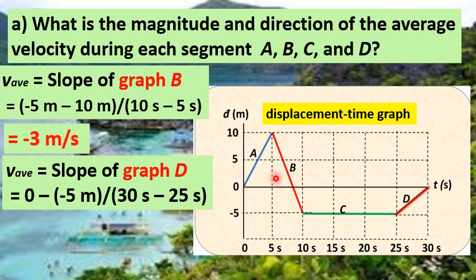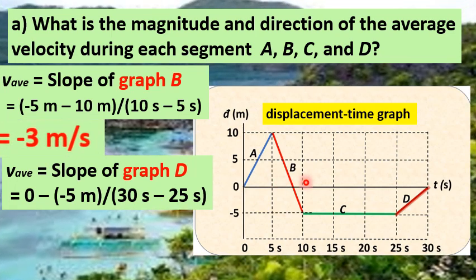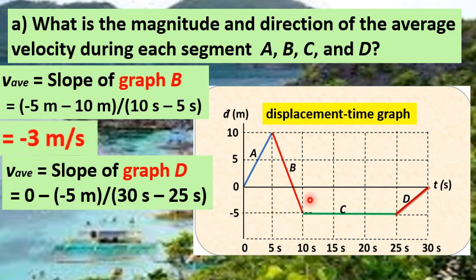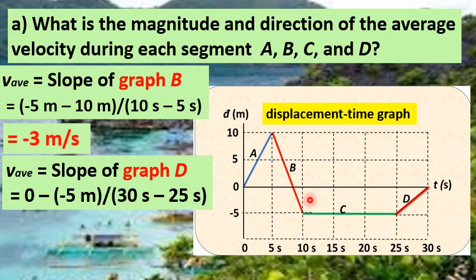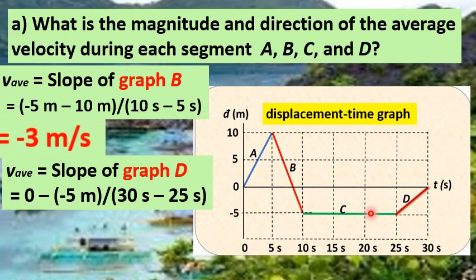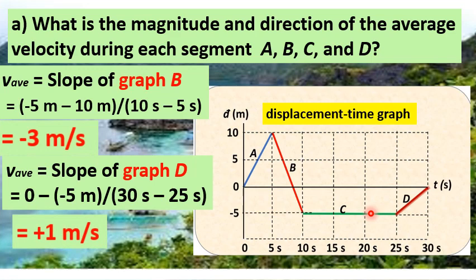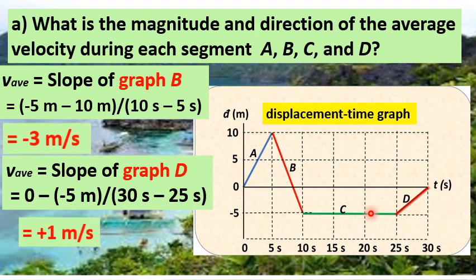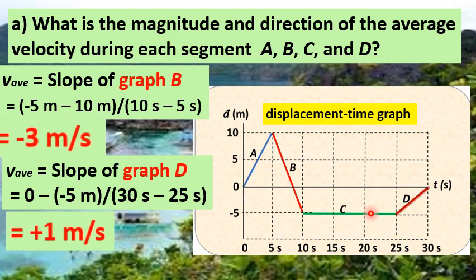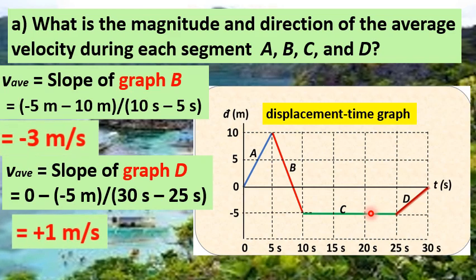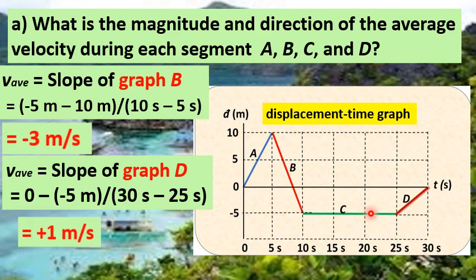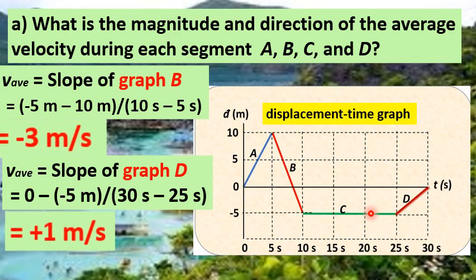That will be divided by the time interval, 5 seconds, or 30 seconds minus 25 seconds. So we will get as the average velocity during that time interval, represented by graph line segment D, just equal to positive 1 meter per second.